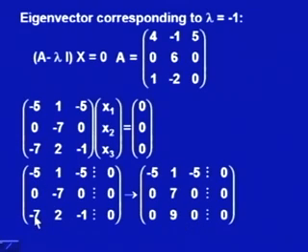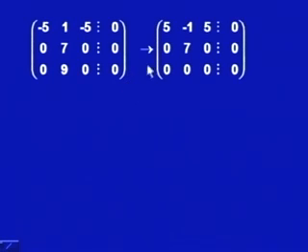This can be made 0 by suitable linear transformations, and the matrix reduces to this. Further, I can multiply this row by 9 and this by 7, and after subtracting, this will become 0.